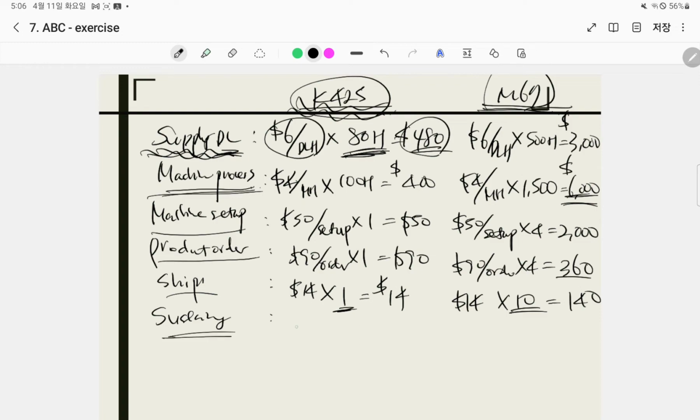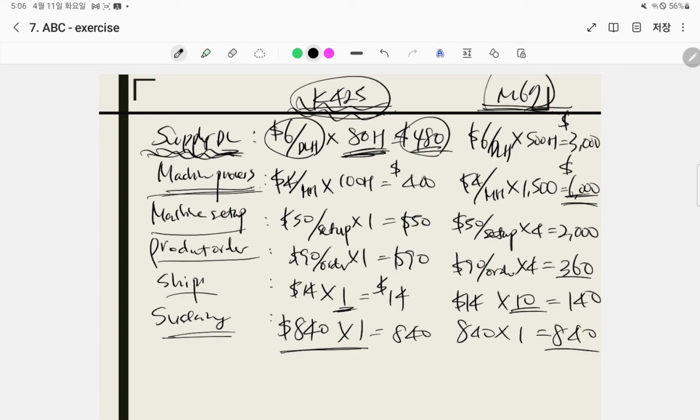Sustaining, product sustaining, so $840 times 1, 840, and 840 times 1, 840.